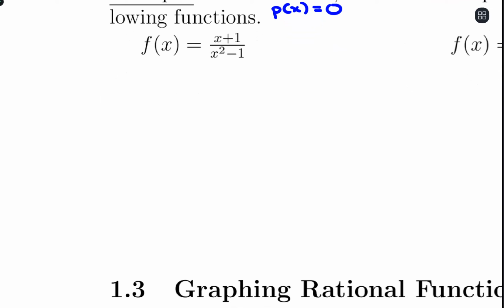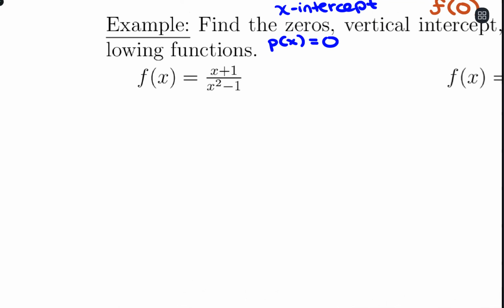So our first function is x plus 1 over x squared minus 1. So if I want the zeros of this, we're taking that numerator, x plus 1, and seeing where does that equal 0. And subtracting 1 from both sides, x equals negative 1. So this is giving me the coordinate negative 1, 0.